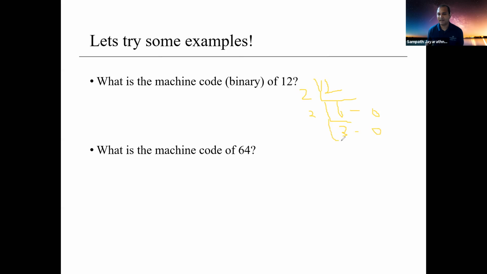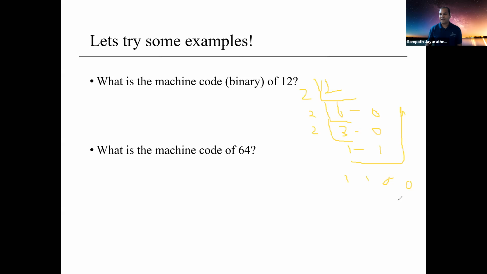Again, I'm going to divide 3 by 2. You have 1 and 1 remaining. So now if I write it this way, you have 1, 1, 0, and 0. That's the binary of 12.